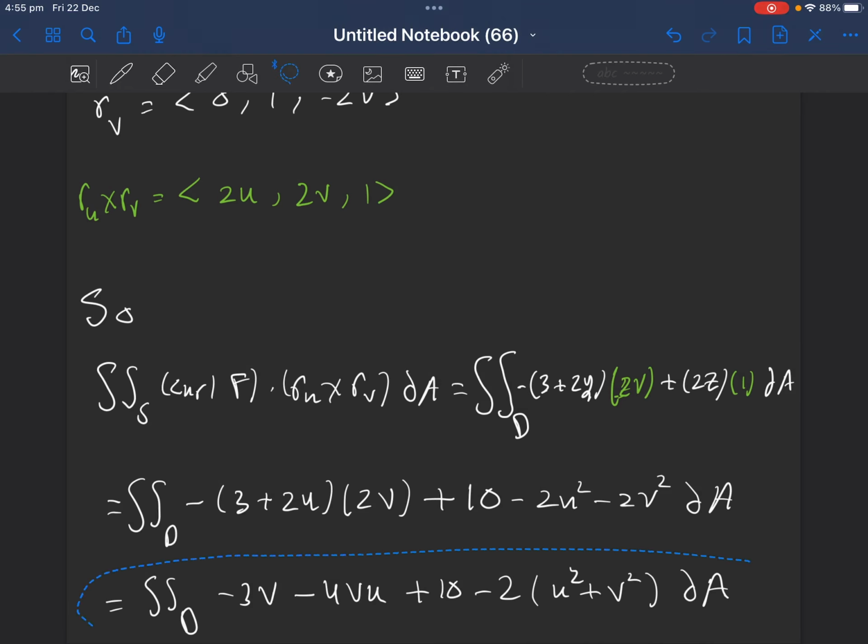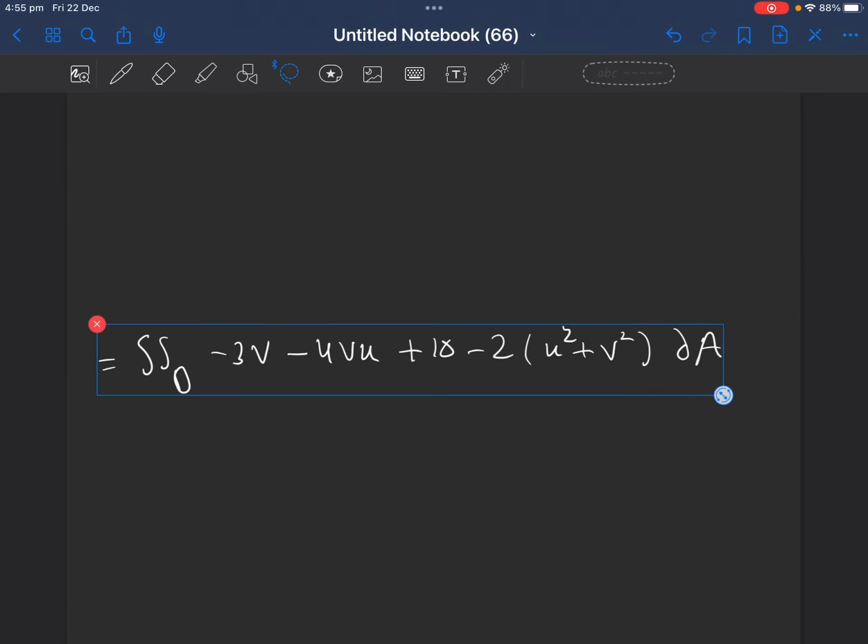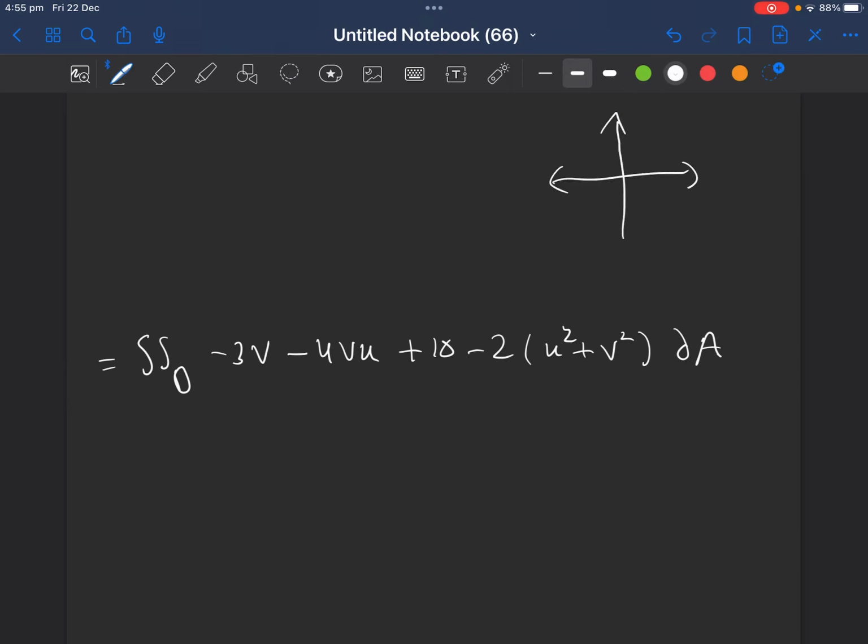Now we need to find this integral, so we need to find the region between u and v. Copy. Paste it here. And now if we just see what the region is. If we look at u and v, we will find out that it will be like this.